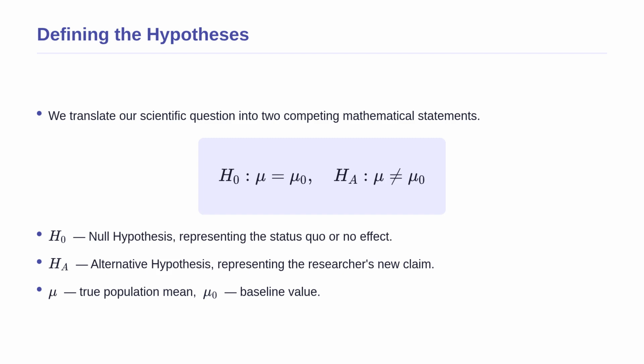The symbol HA represents the alternative hypothesis, which is the new claim the researcher is actually trying to prove. In this equation, the Greek letter mu represents the true average of the population we are studying, while mu0 represents the known historical baseline value. If the difference between our sample mean and this baseline increases, our evidence against the null hypothesis becomes much stronger.